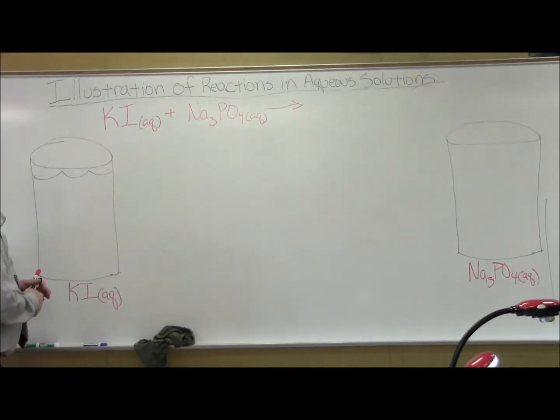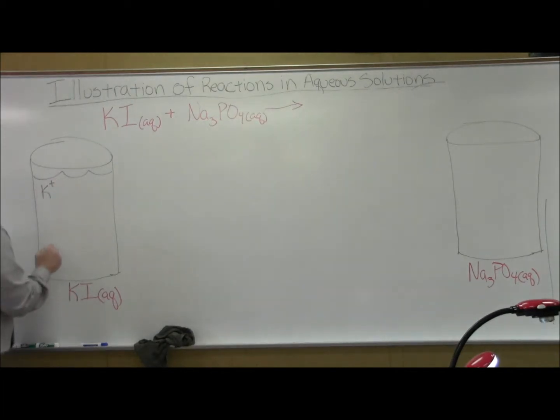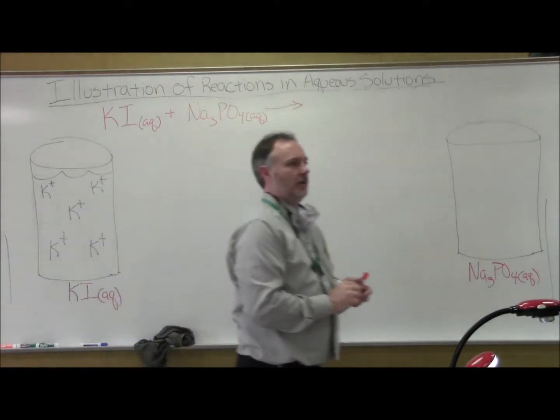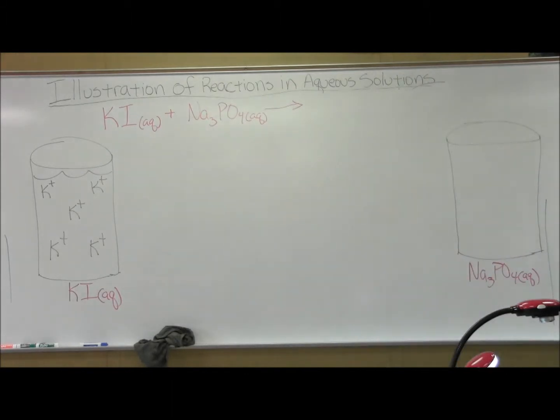Here's my water. And so I use a black marker. Have about 4 or 5 potassium ions in there. I'll pass out some crayons if you want to use color.